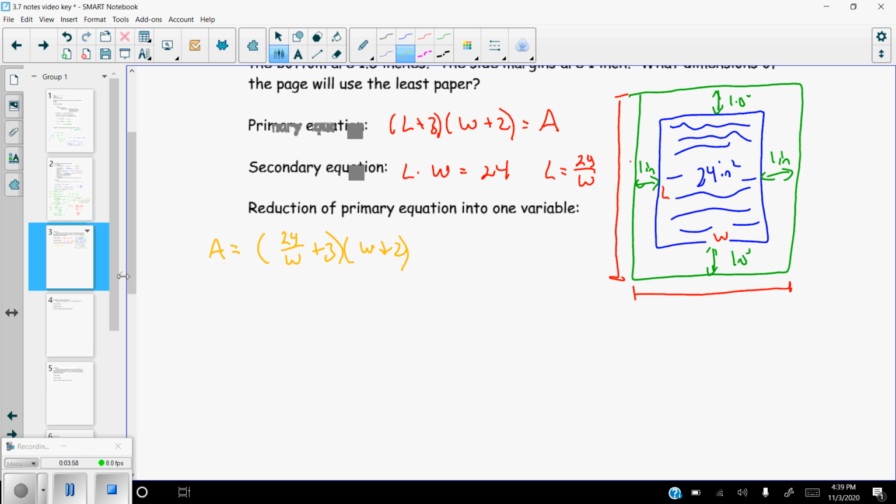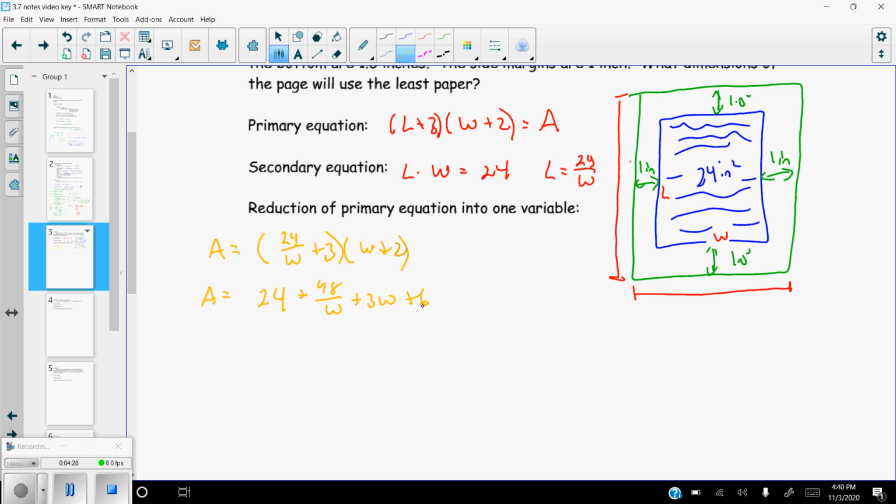I'm going to go ahead and multiply this thing out. I'm going to FOIL it just to make it a little bit easier to take a derivative as opposed to using a product rule. So let's see, first times first is going to be 24 over W times W. The W's will cancel out, give me 24. Outside is going to give me 24 over W times 2, so that's 48 over W. Inside will just be 3W, and last will be 6.